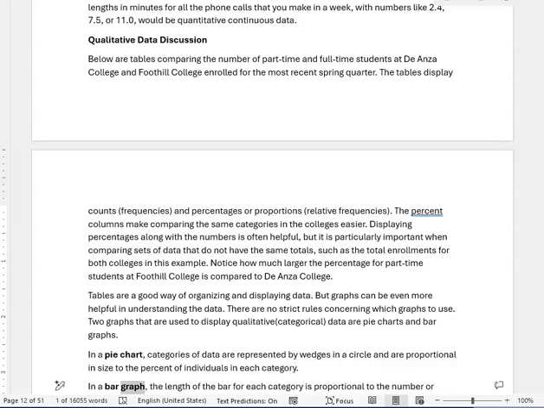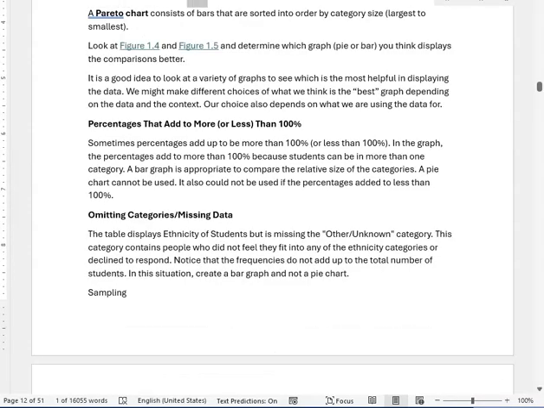In a bar graph, the length of the bar for each category is proportional to the number or percent of individuals in each category. Bars may be vertical or horizontal. A Pareto chart consists of bars that are sorted into order by category size, largest to smallest. Look at Figure 1.4 and Figure 1.5 and determine which graph, pie or bar, you think displays the comparisons better.